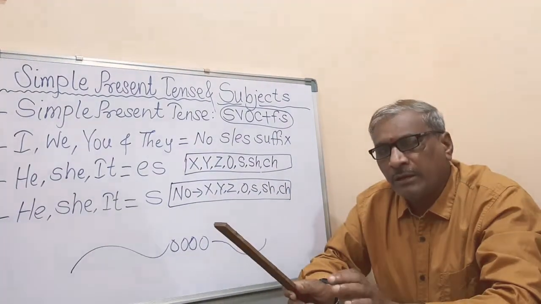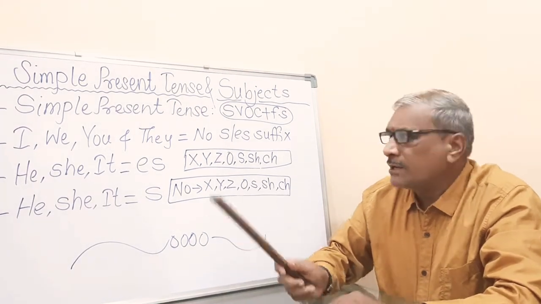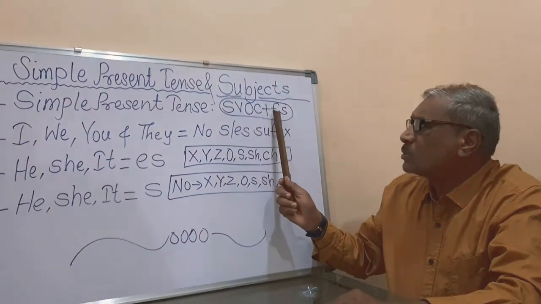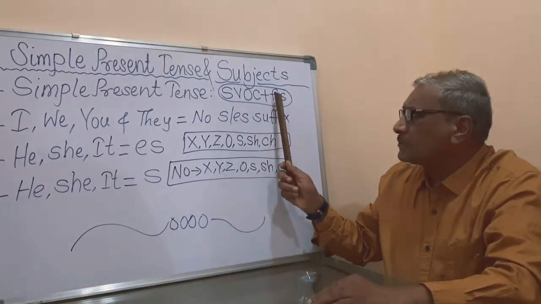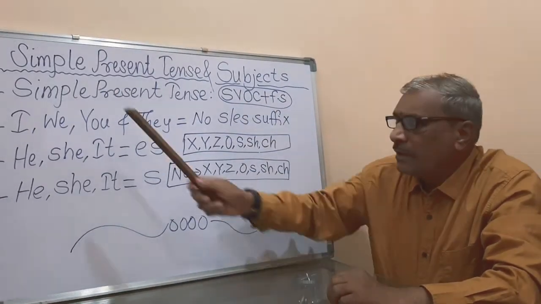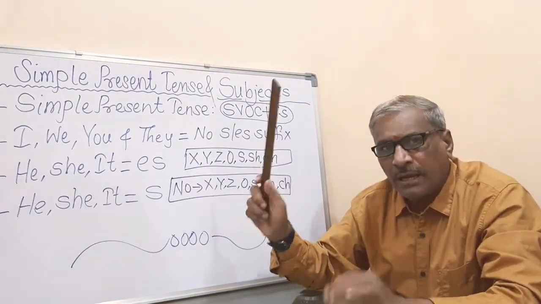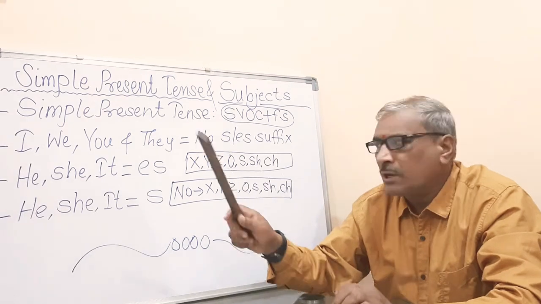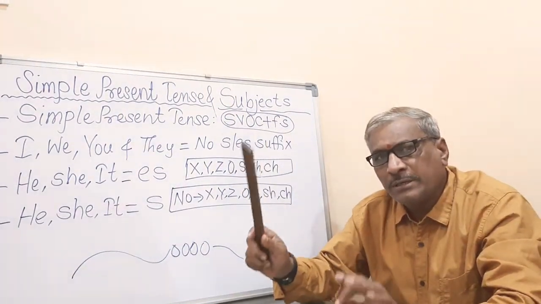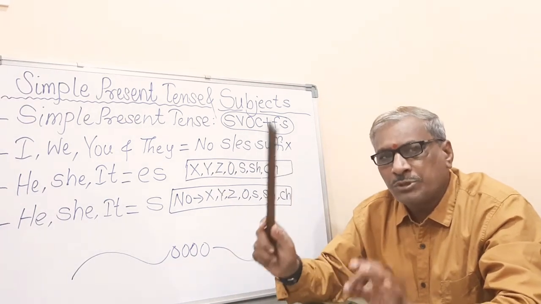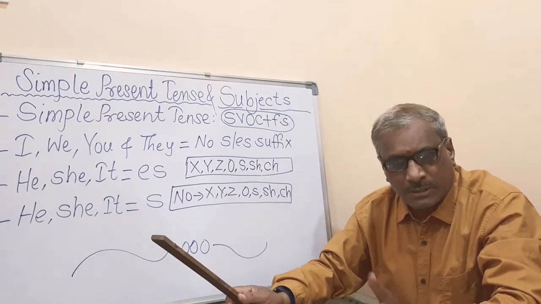And when we talk or speak in this simple present tense, we use the SVOC pattern, means SVOC plus full stop. This simple present tense is the tense in which we can use the daily routine. Now, what is the daily routine? The daily routine means the person's daily works.